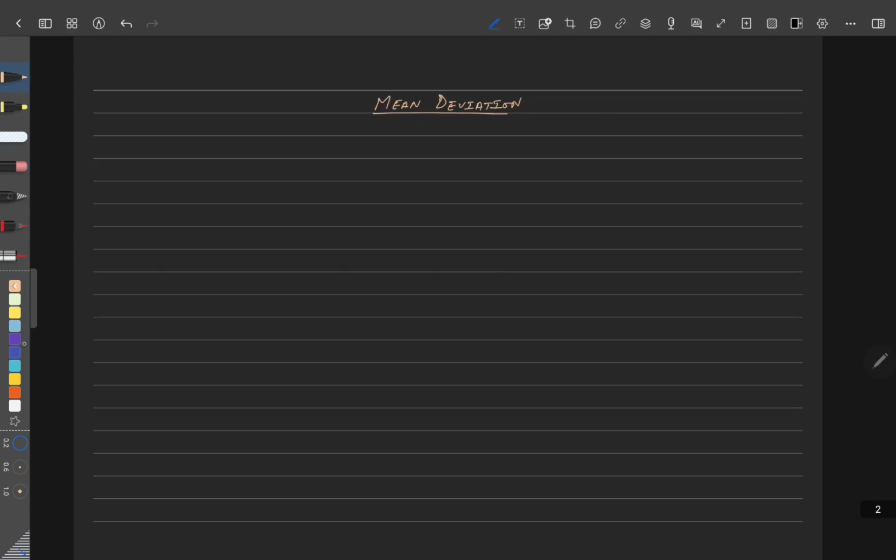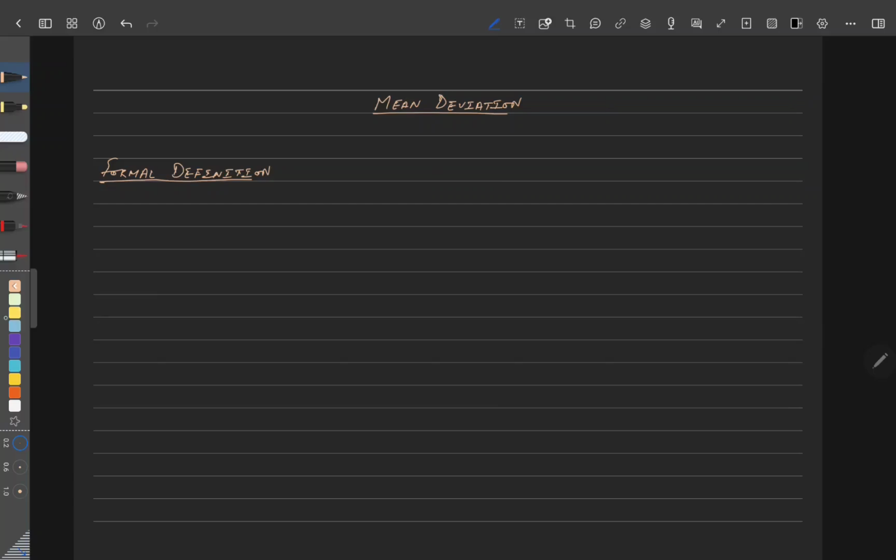Okay. So let's start with the formal definition as usual. This is the measure of how far the data is scattered around a measure of central tendency, which is mean.